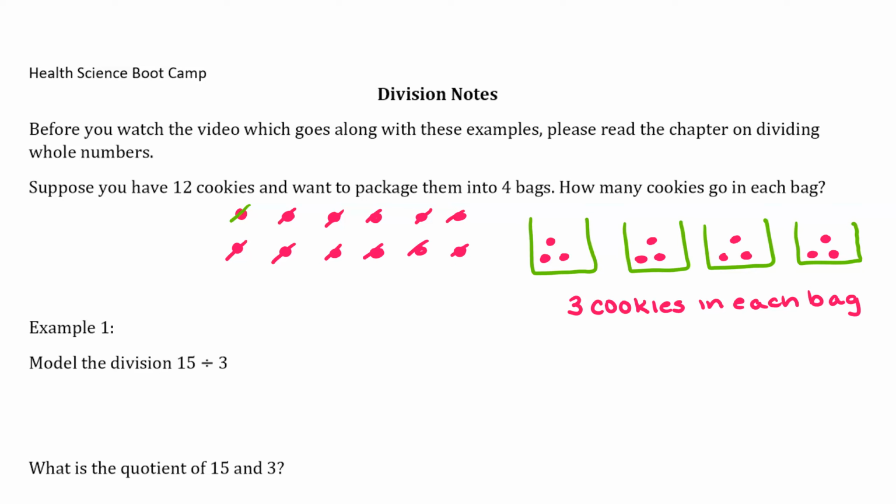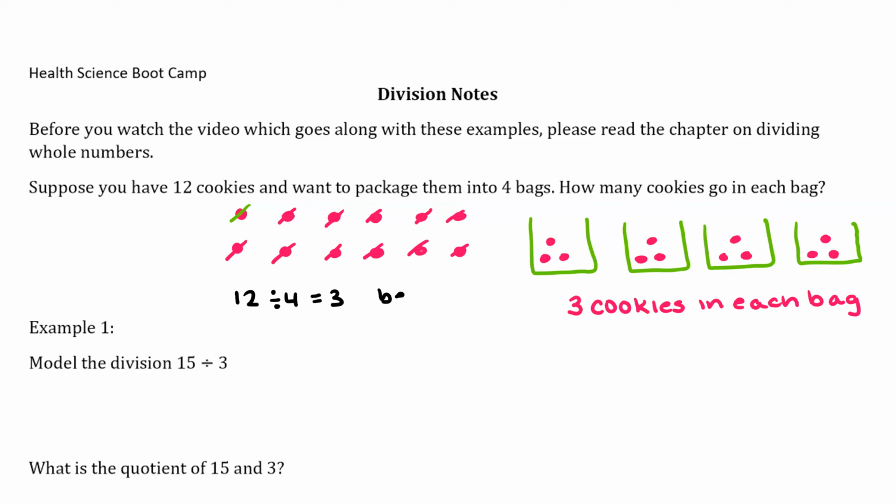So division is going to be the opposite of multiplication. So I could say, in this example, 12 divided by 4 is equal to 3.